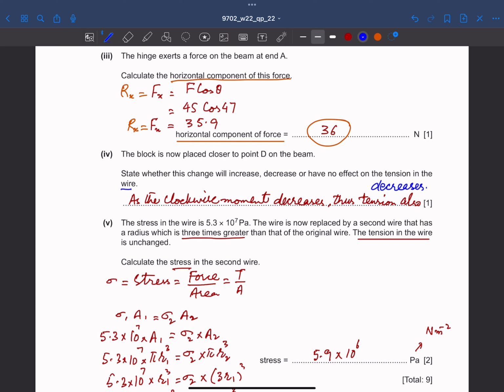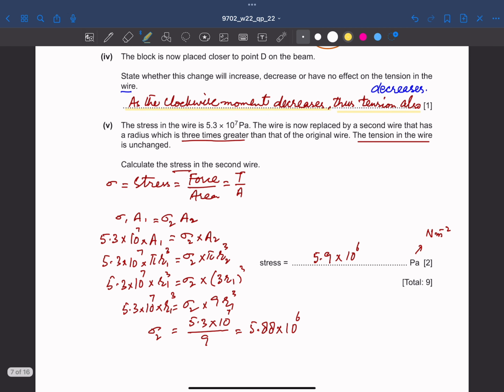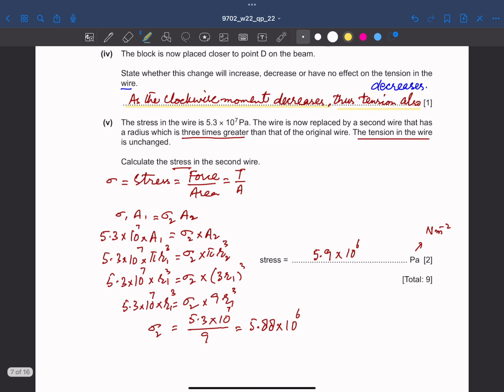So I think again this is a very simple thing: you look at the clockwise movement and anti-clockwise movement. So simply you can say, as the clockwise movement decreases, of course the tension in the wire will also decrease. So this is very, very important to remember, that is how you can answer this question, and it's very logical.